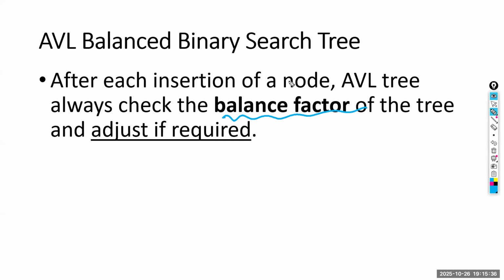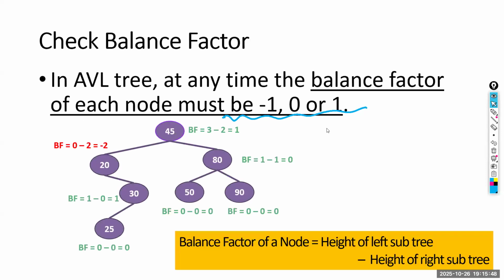But if the balance factor is not satisfied, we balance it. That is the idea behind the AVL balanced binary search tree. So what is meant by balance factor? It's a very simple concept. Balance factor is for any node, you can calculate the balance factor, including the root.